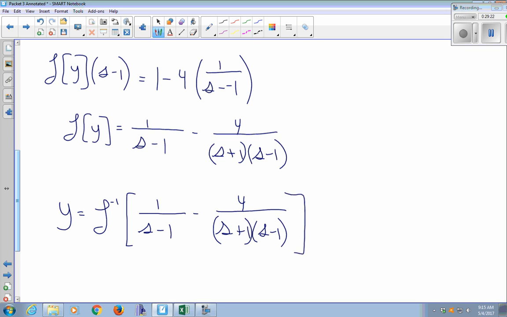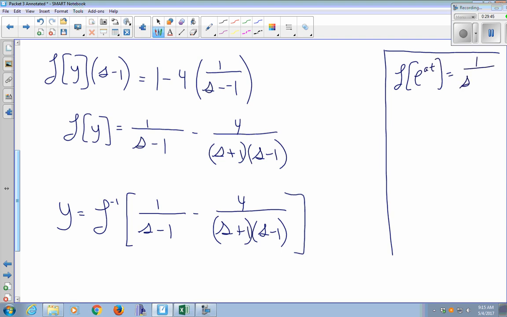I only have one Laplace transform that I know. I know that the Laplace transform of e to the at is 1 over s minus a. So I'm just going to write this rule down. The only thing we know right now is that the Laplace transform of e to the at is 1 over s minus a.